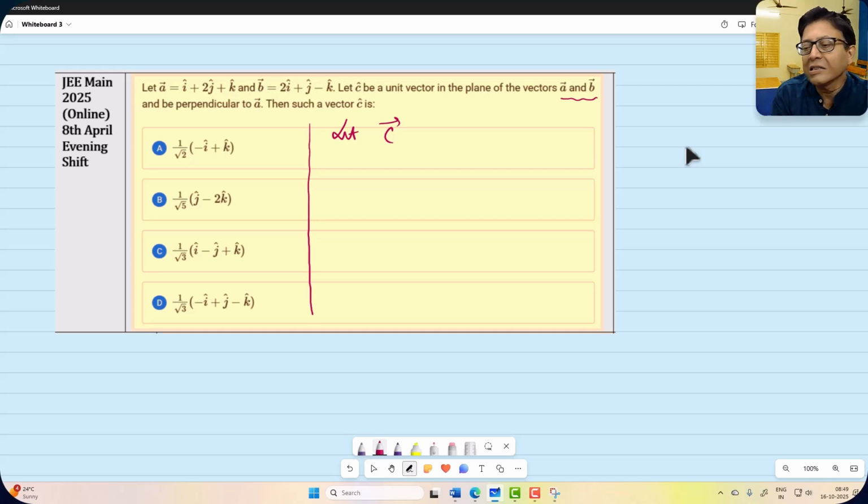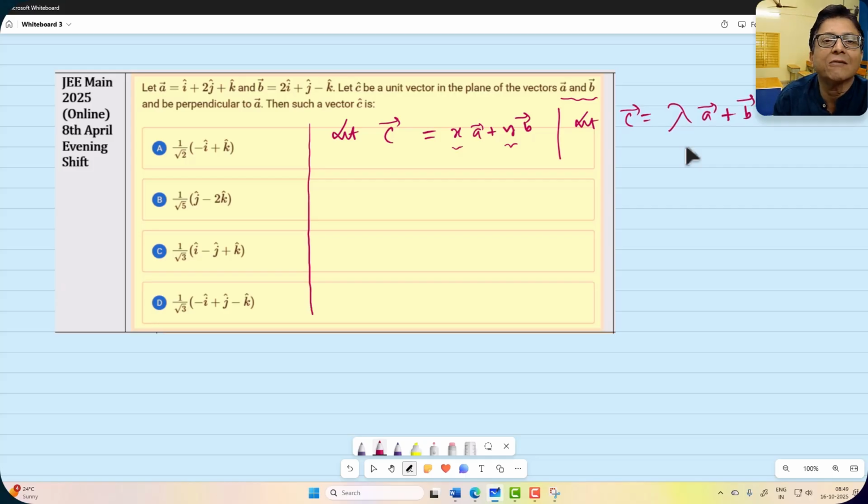This C vector lies in the plane of A and B. So you assume that C equals XA plus YB, or if you don't want to take two unknowns X and Y, you take C equals lambda into A plus B. So two options are there. You decide which option you want to continue with.